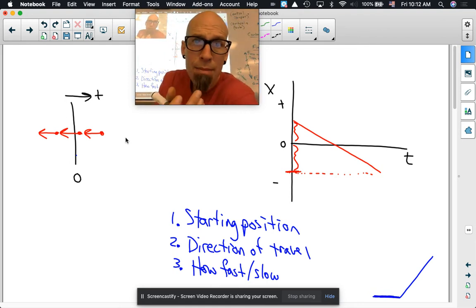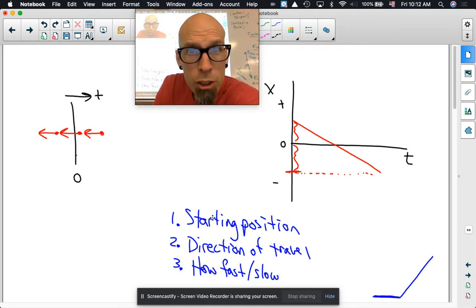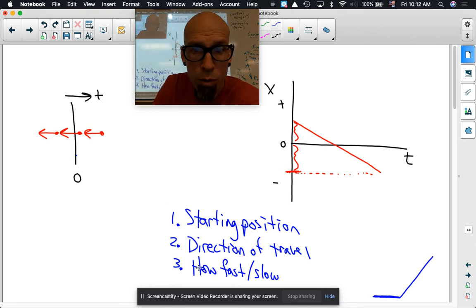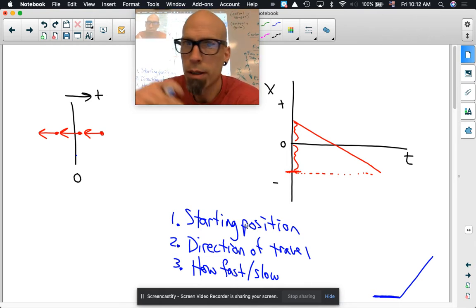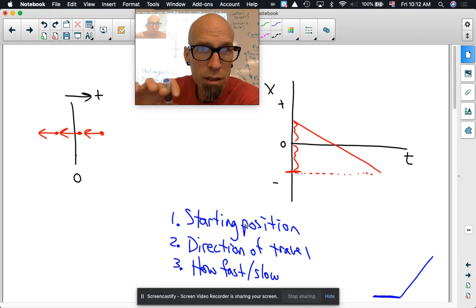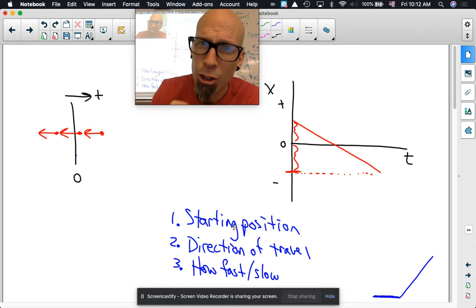Now, how would you describe that in words? Well, again, you would be answering these 3 questions. In words, you would say the object, whatever it is, could be a cyclist, a runner, a walker, a car, a truck. I would not call it "it," because I need to know what the "it" is that you're talking about.